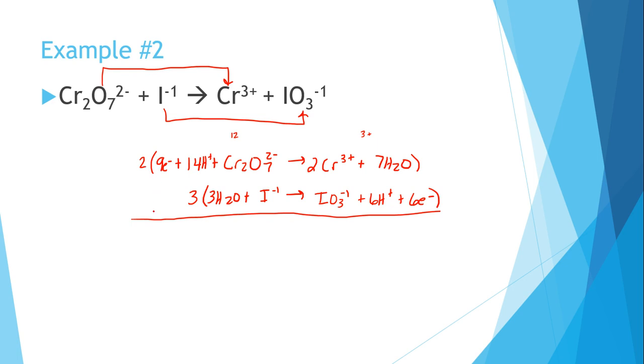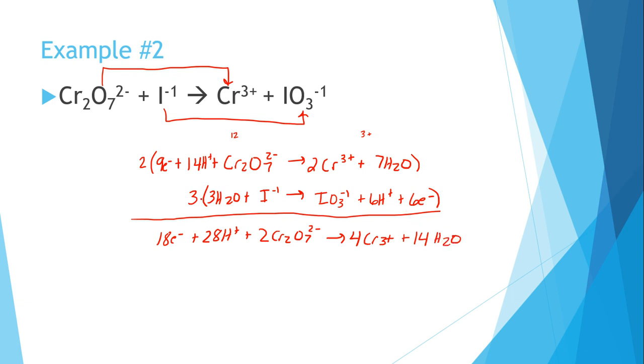2 times 9 gives me 18 electrons plus 28 hydrogens plus 2 Cr2O7 2- yields 4 Cr3+ plus 14 H2Os.